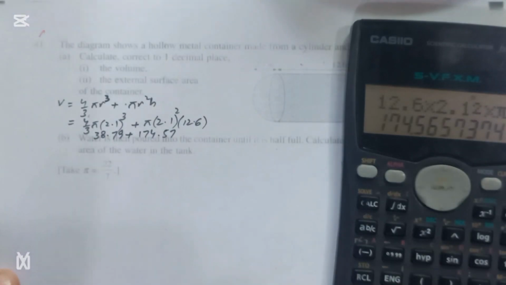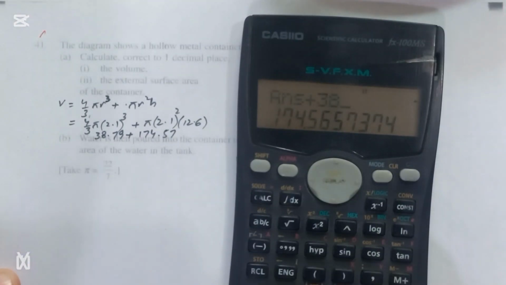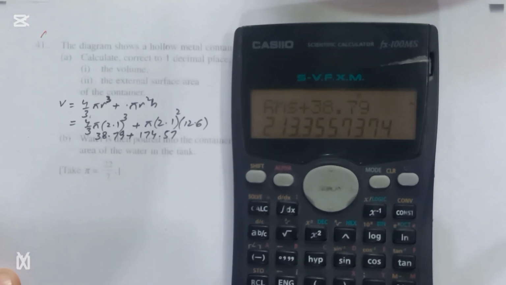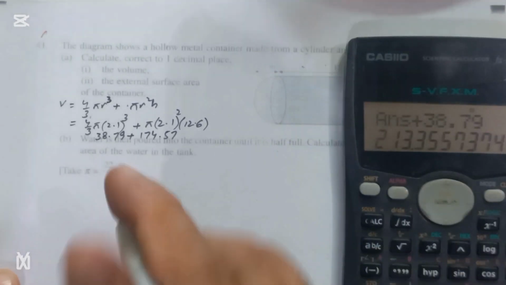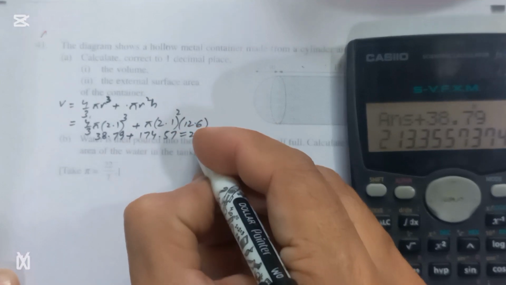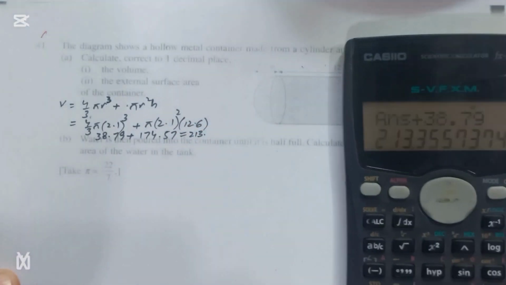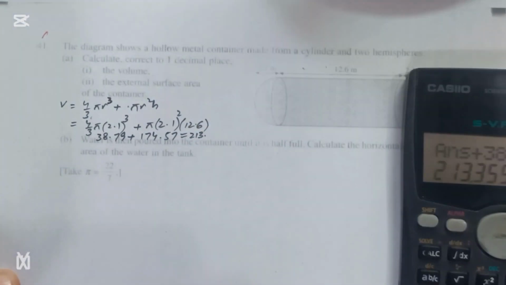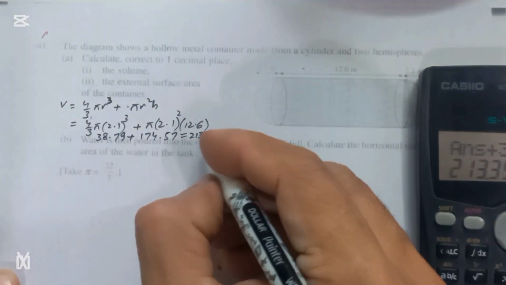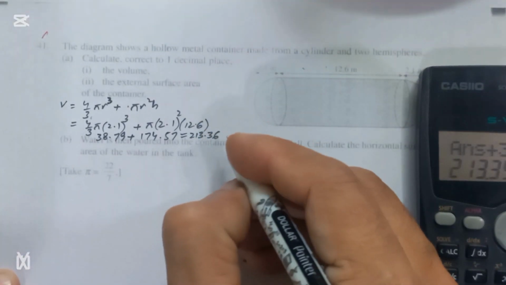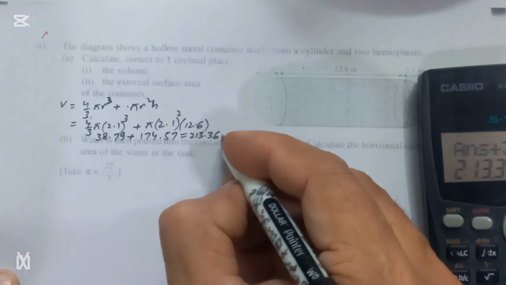Now add these two values, 38.79 plus 174.57 will be equal to 213.36 centimeter square will be the answer.